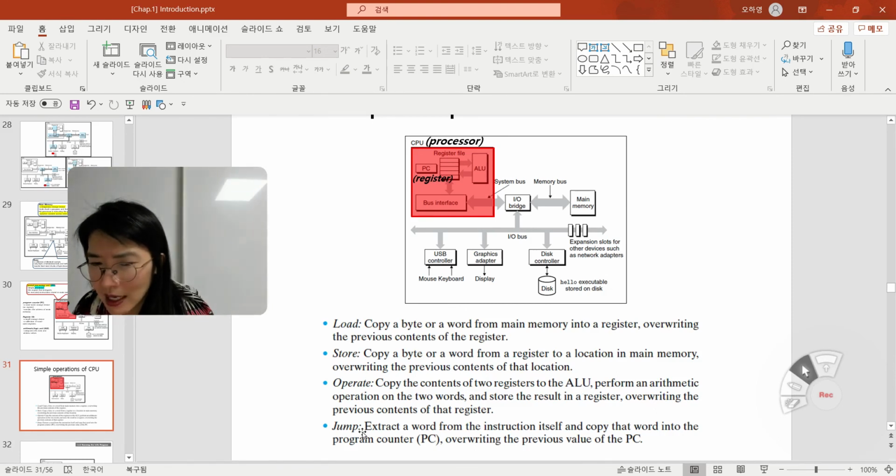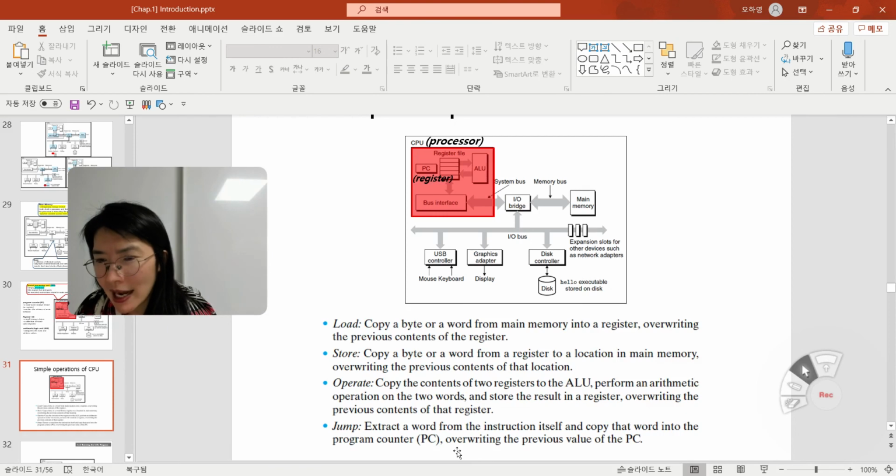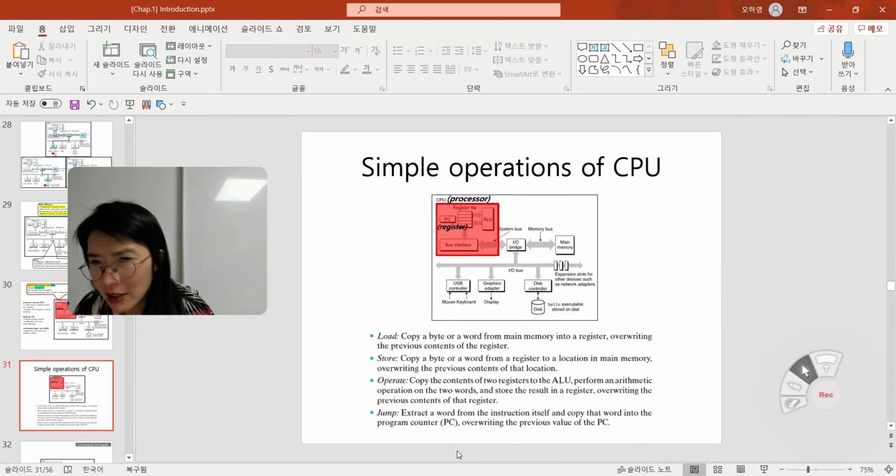Jump is the extraction of a word from the instruction itself and copying that word into the PC, overriding the previous value of the PC. So we can check the operation of the CPU with the 4 steps. All right. So load, store, operate, jump. Okay.